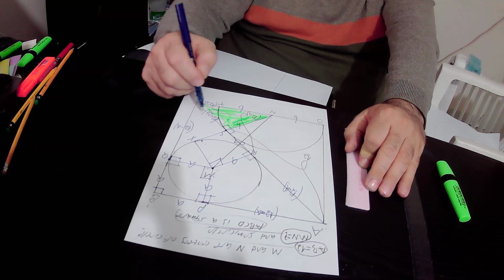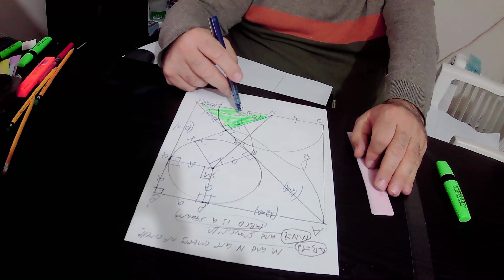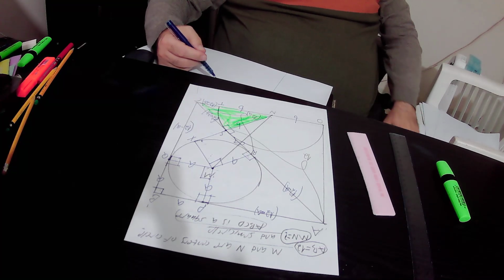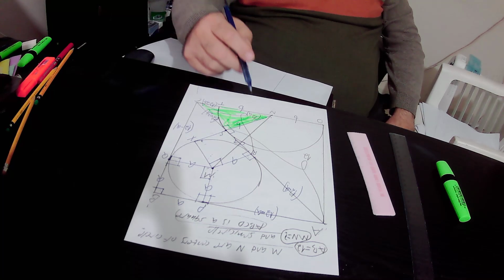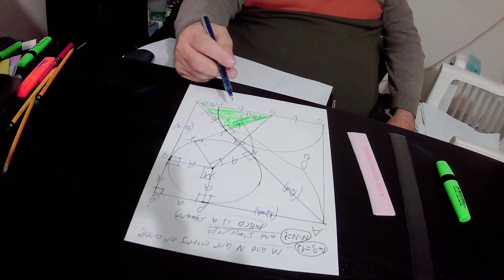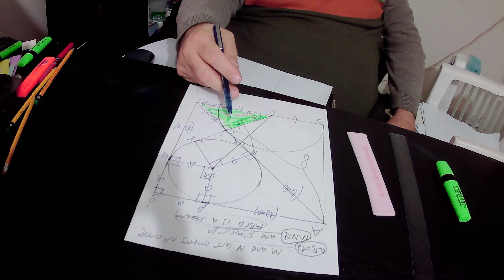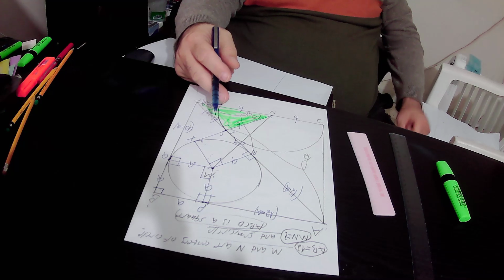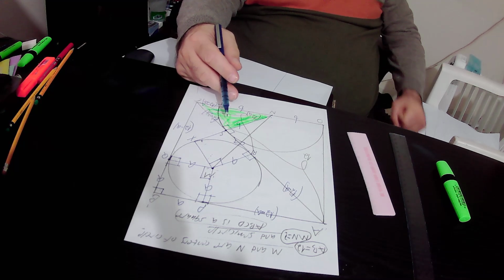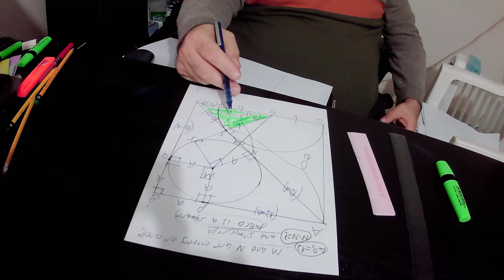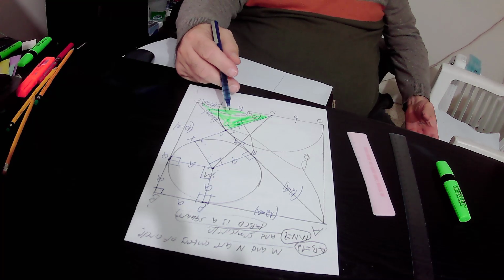NS is the radius of the semicircle that equals B, therefore it is absolutely a straight line. NS is a radius, it must be a straight line, and we actually extended the straight line NS by a straight line. And when you extend a straight line by a straight line, what you get is also a straight line.